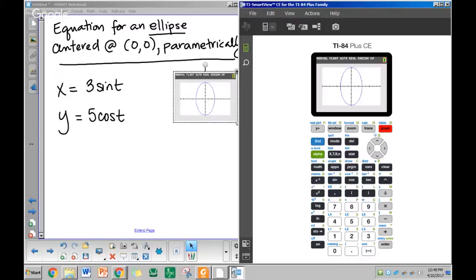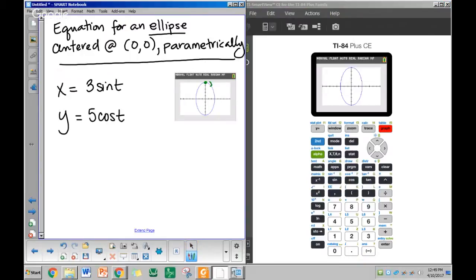What's the stretch factor in the y direction? 5, and that is the coefficient of the y. Very good. Now, where did this start? I missed where it started. It started at the top, and it went clockwise.